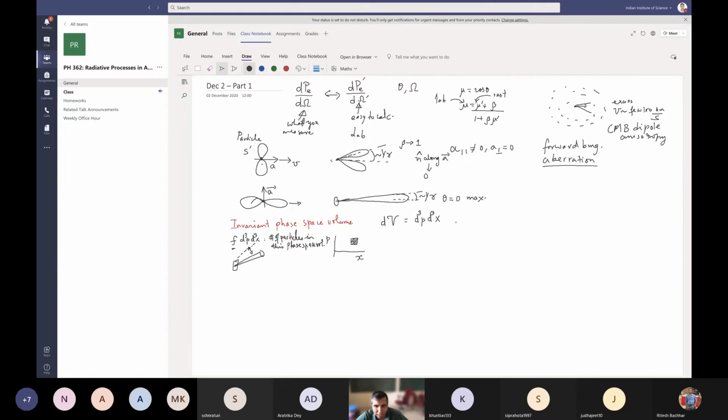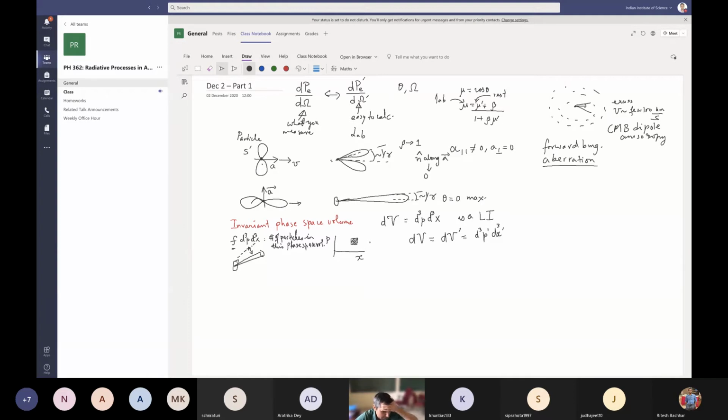It turns out that this is Lorentz invariant. In other words, dV equals dV prime, which equals d3p prime d3x prime. So this phase space volume, if you look at it from a Lorentz boosted frame, is the same.